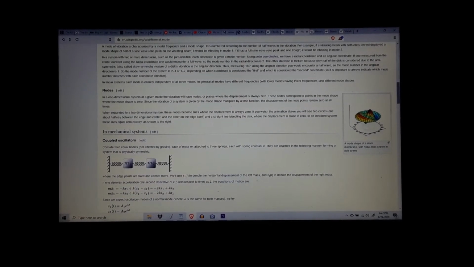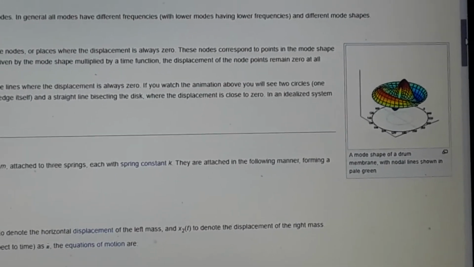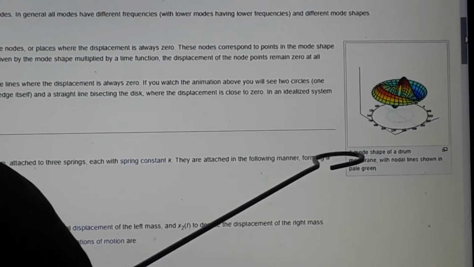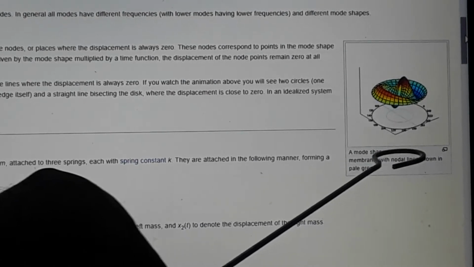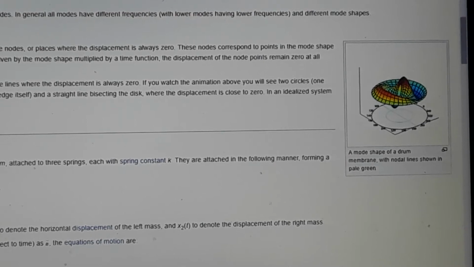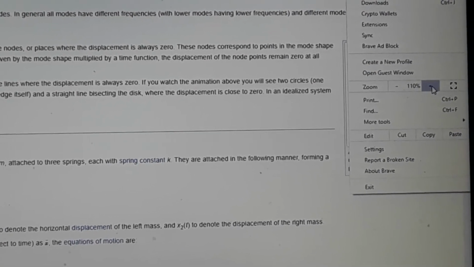All right, and so this is an interesting graphic. So it says a mode shape of a drum membrane with nodal lines shown in pale green. All right, so I want to zoom in.